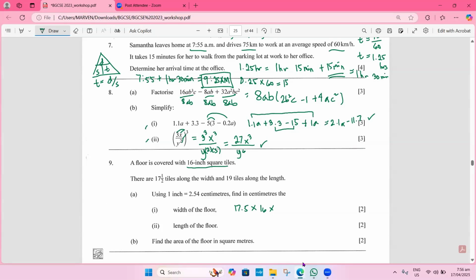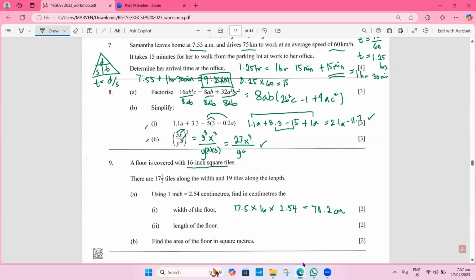And then we need to convert it into centimeters, so we have to multiply it by 2.54. So 17.5 times 16 times 2.54. So what's the answer? It is 711.2 centimeters. So that's the width.